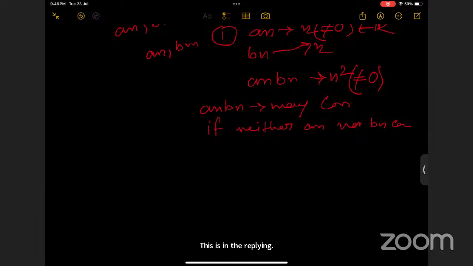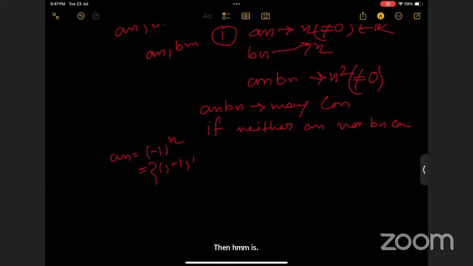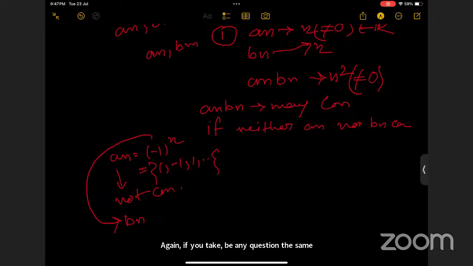Okay, so we can construct some examples. Suppose we take a_n equals (-1)^n. Then a_n is not a convergent sequence, right? Again, if you take b_n equal to the same, then a_n b_n will be 1, a constant sequence, which is convergent.